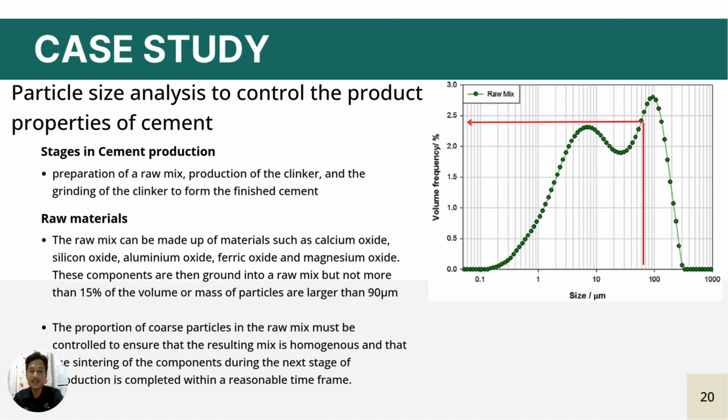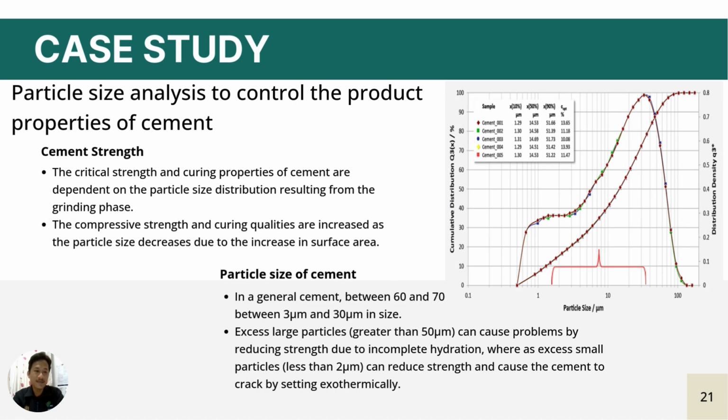As we can see here, in the size distribution, the fraction above 90 micron is only below 2.5%. The cement strength, the critical strength and curing properties of cement, are dependent on the particle size distribution resulting from the grinding phase. The compressive strength and curing qualities increase as the particle size decreases, due to the increase in surface area.